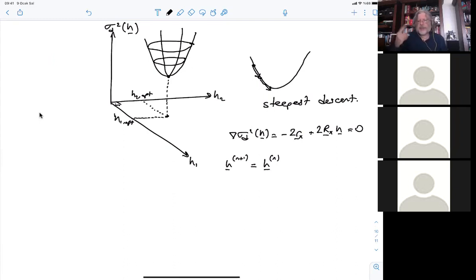That was an initial starting point of some filter coefficients. And then you update them with respect to a coefficient. Alpha over 2 is the coefficient. I'm writing it as alpha over 2 because I'm going to write the gradient of this here, and inside the gradient, as you see, everything is multiplied by 2, so they will cancel, and this update will become h of n minus alpha times minus rx plus Rx times h, for example.